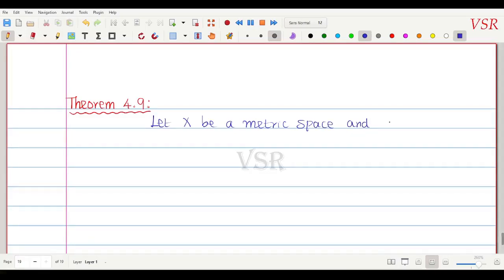F is a function from X to complex numbers C and G is a function from capital X to C, two continuous functions.